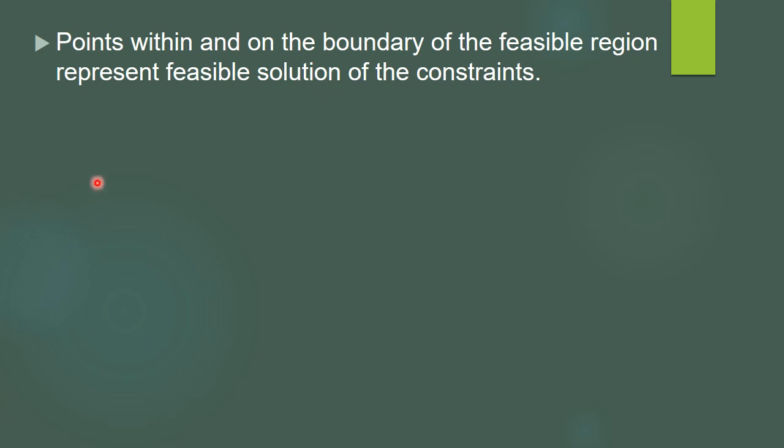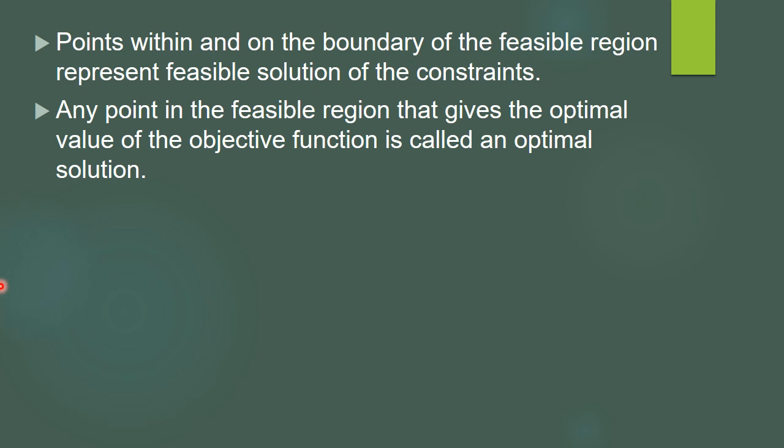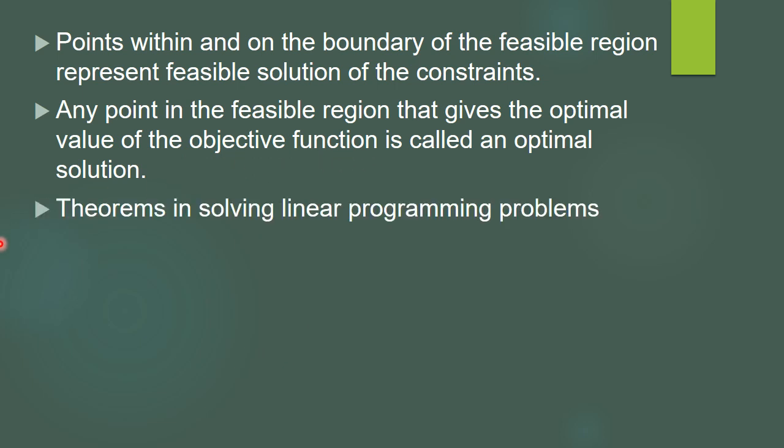The points within or on the boundary of the feasible region represent the feasible solutions of the constraints. Any point in the feasible region that gives the optimal value of the objective function is called an optimal solution. Now certain theorems are there which we are going to use.